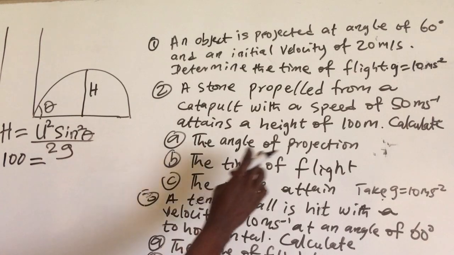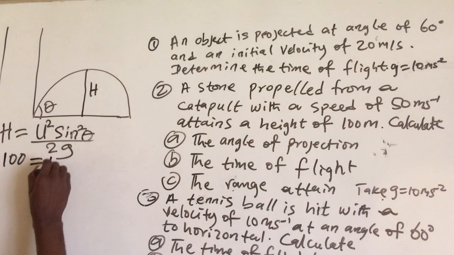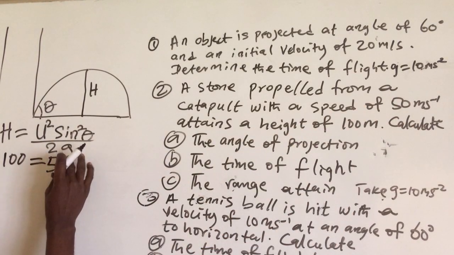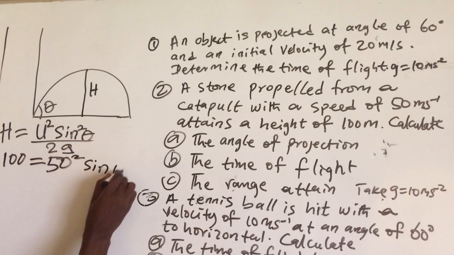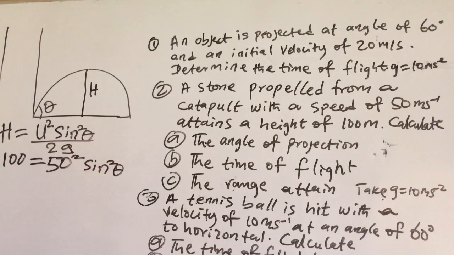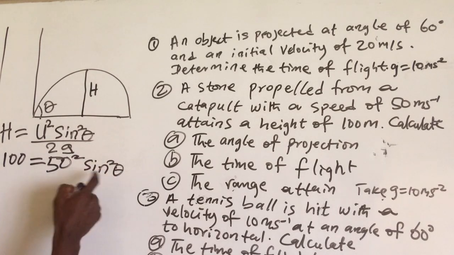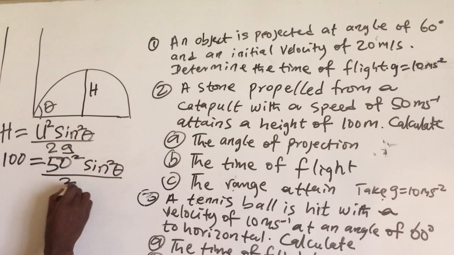Yes, which is 50 squared, right? Remember it is sine theta squared, and this is the theta we want, all over 2g.